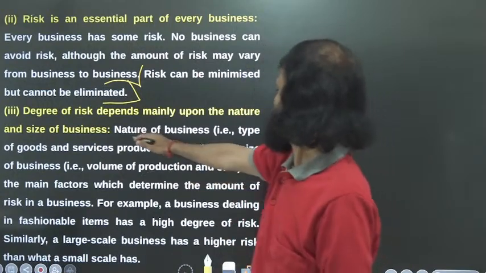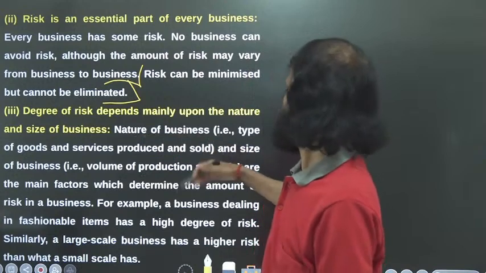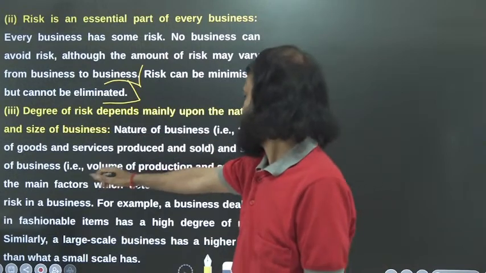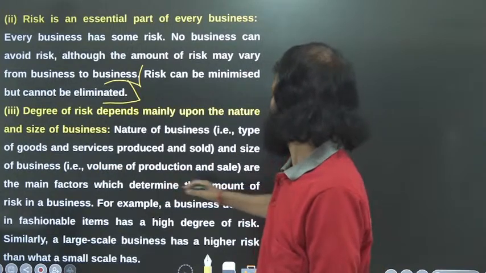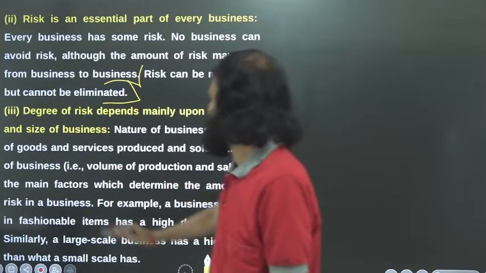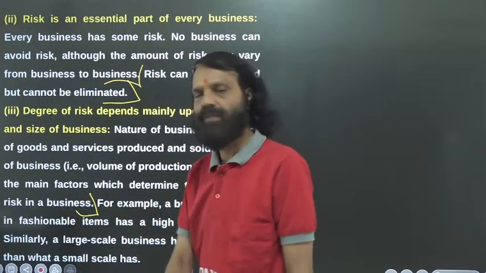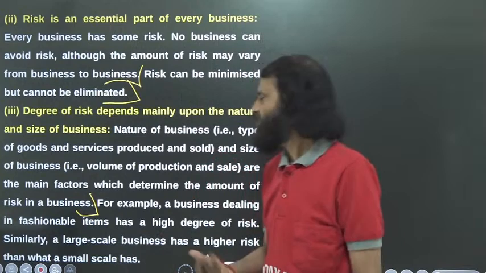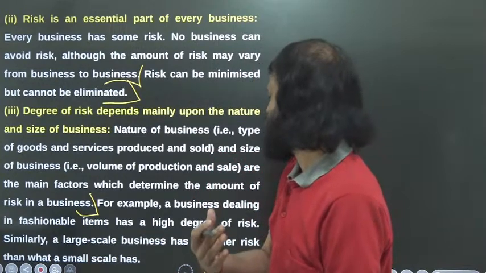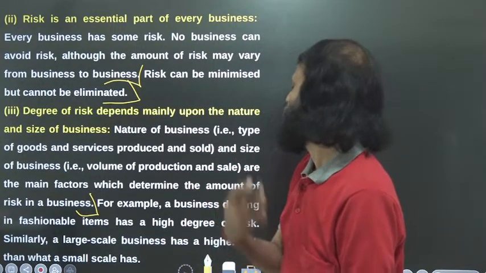Nature of a business and size of a business, volume of production and sale are the main factors which determine the amount of risk in a business. The products, competitors, technology, investment, so many factors a businessman needs to know.